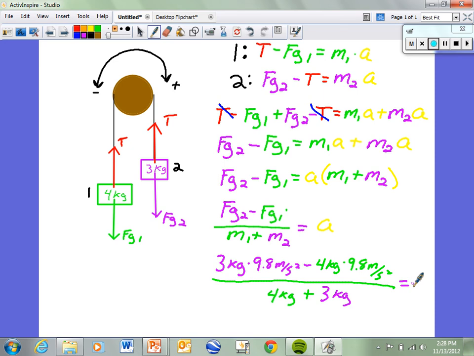And all of that is going to give us acceleration. So when we plug that into our calculator, we should get that the acceleration is negative 1.4 meters per second squared.